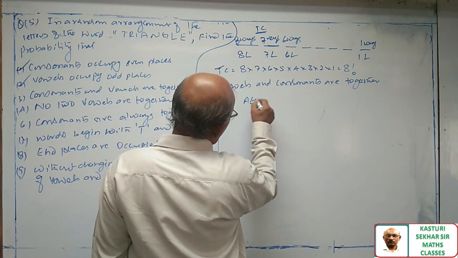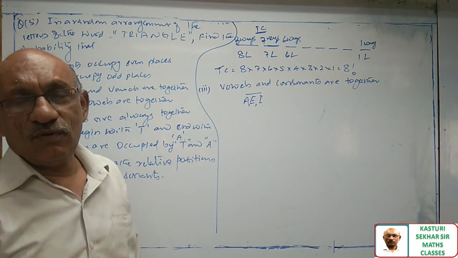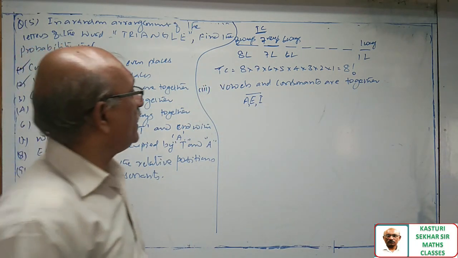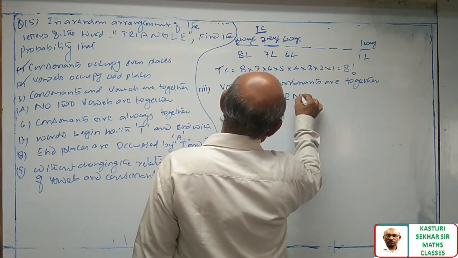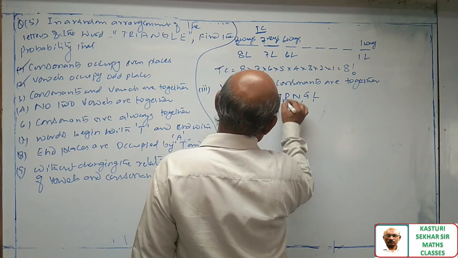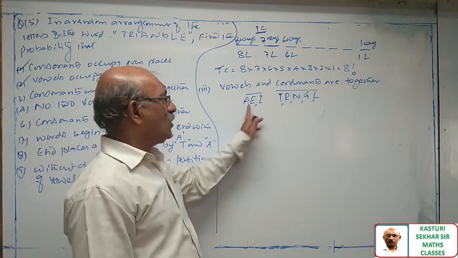So how to take these three vowels as one unit? Take these three vowels E, E, I as one unit, and the consonants T, R, G, L, R as one unit. Now there are two objects.